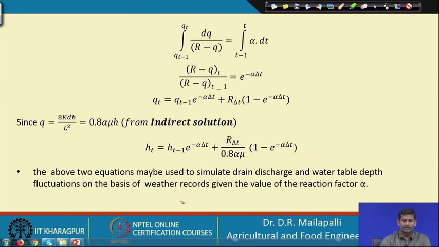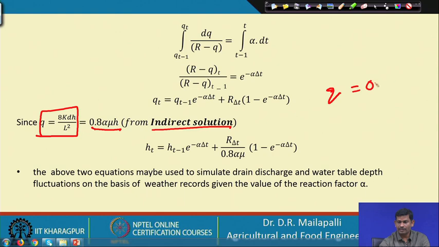Then since Q is equal to 8 k d H by L square, which is equal to 0.8 into alpha into mu h, from the indirect solution if you recollect. So, substitute Q t as 0.8 into alpha into mu into h t.